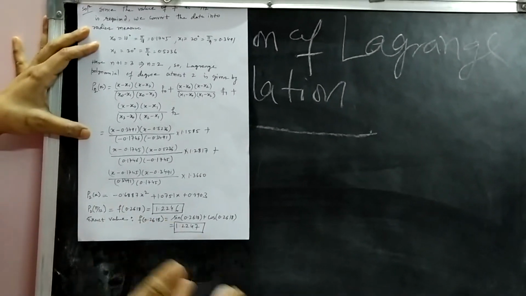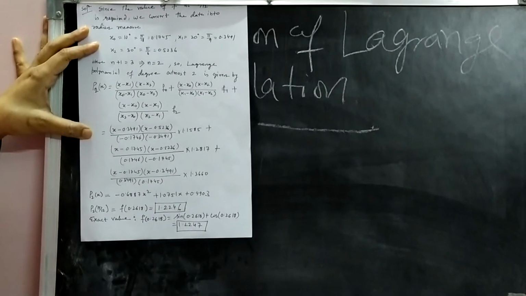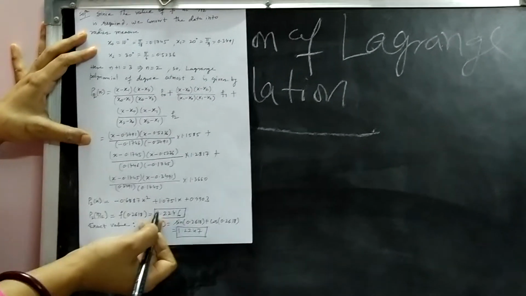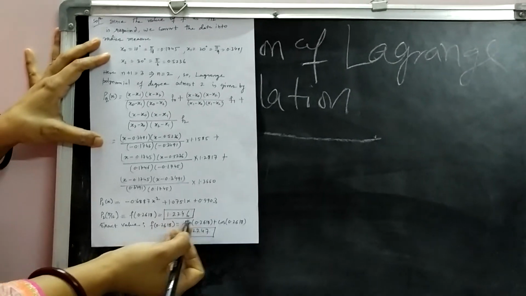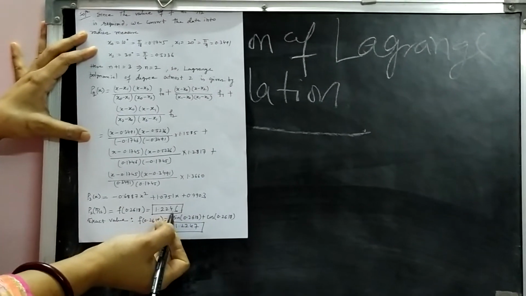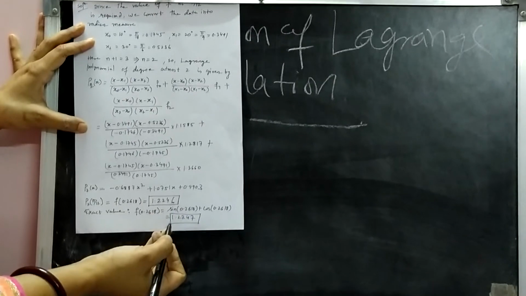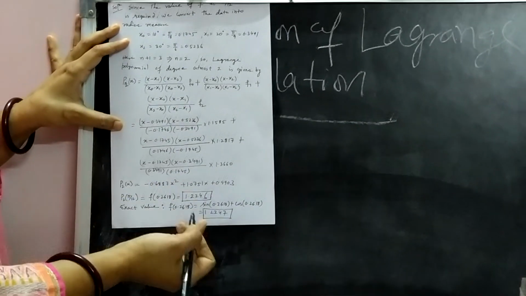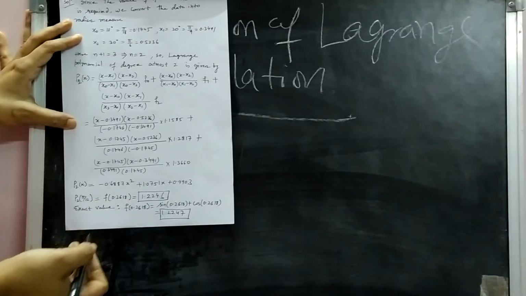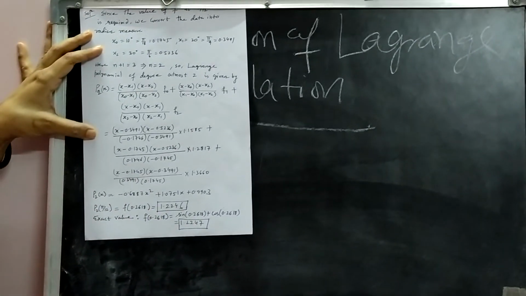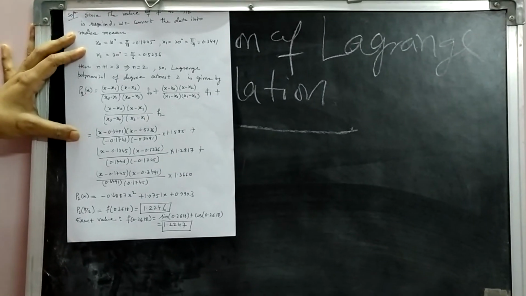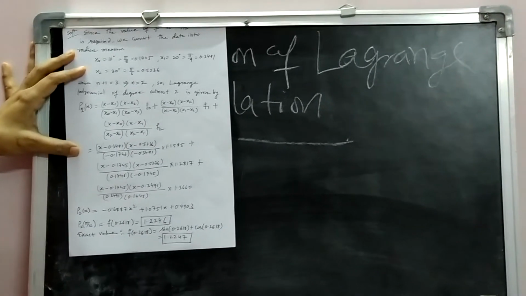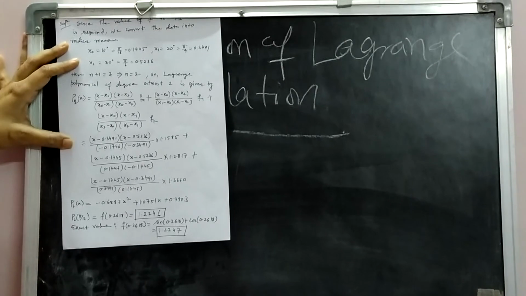In some other classes we will discuss how much error there is and how to analyze that error, but up to 3 digits it is exactly matching. The value is 1.2246, and for the exact value it is 1.2247. So they are nearly close to each other. It is advisable that this concept of Lagrange interpolating polynomial has been tested with the help of known data, so it can be applied to some unknown real life problem.